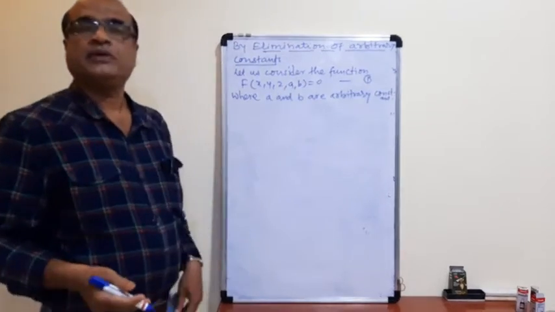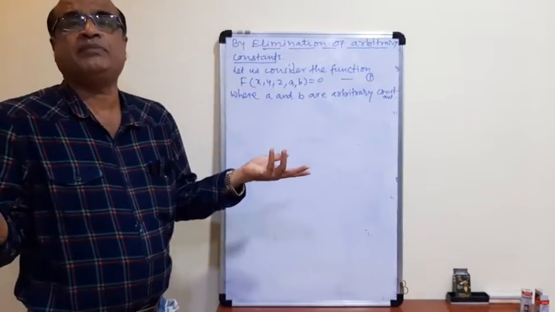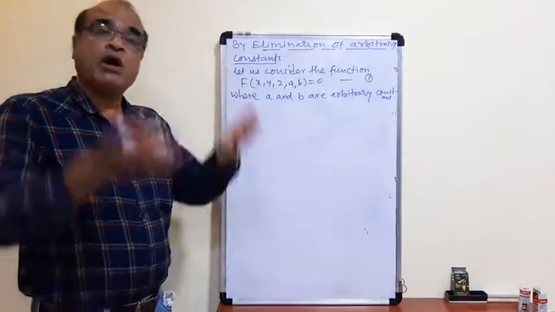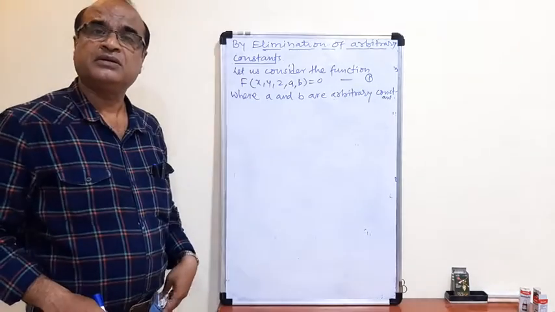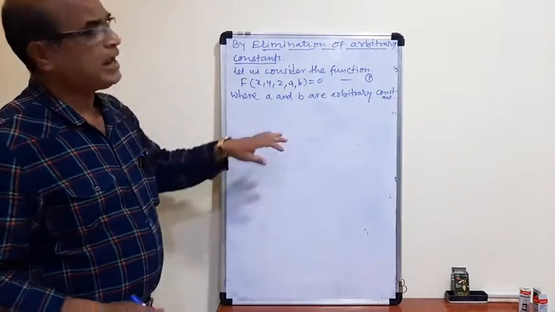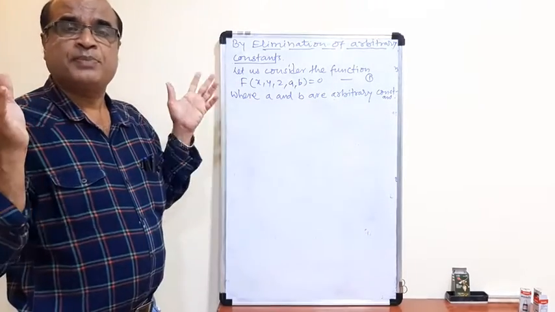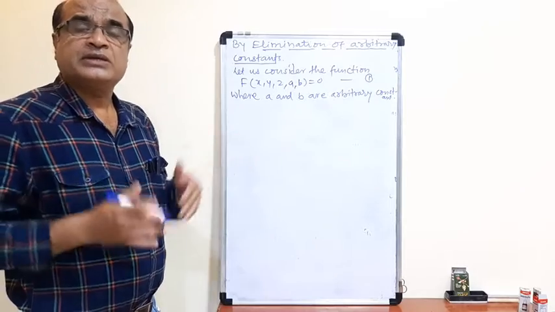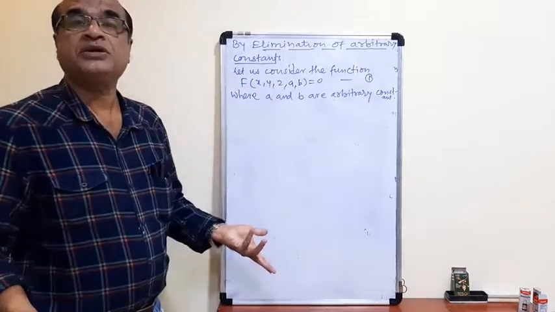This is a primitive, a function in x, y, z with arbitrary constants a and b. We obtain the partial differential equation by using this function, by eliminating a and b, the arbitrary constants. So what is our target? To obtain the partial differential equation by using that function.